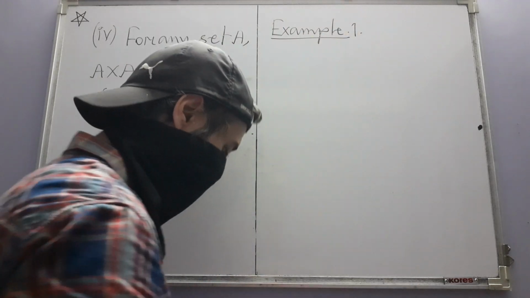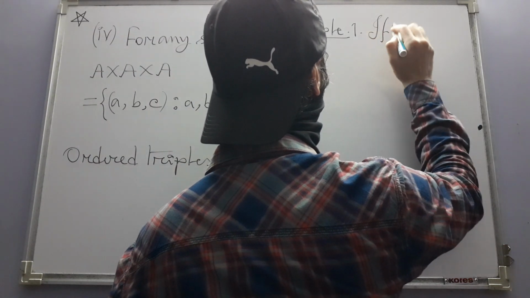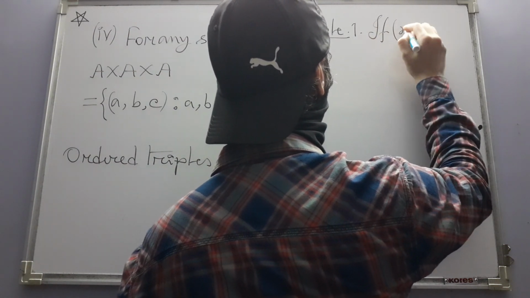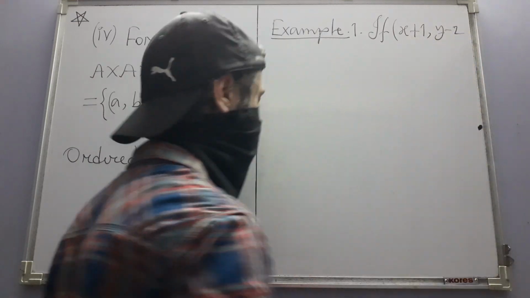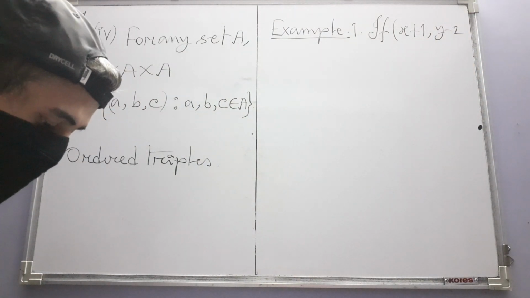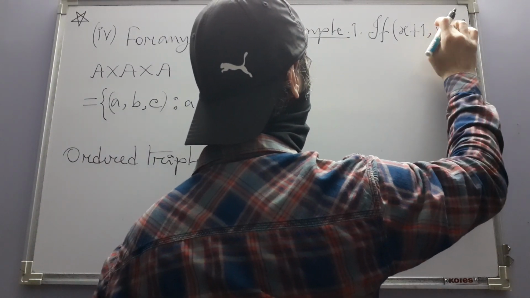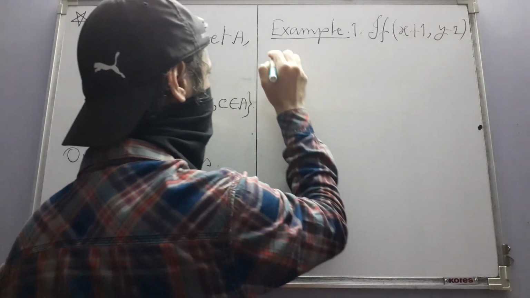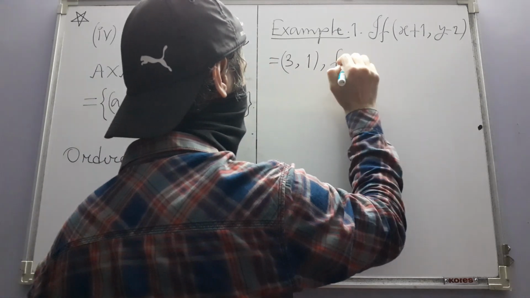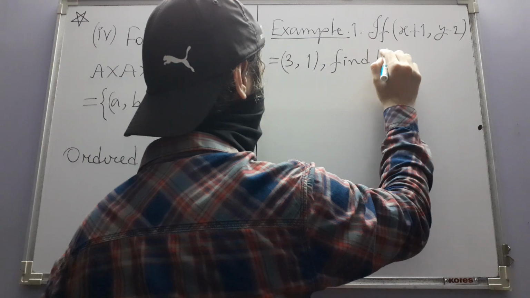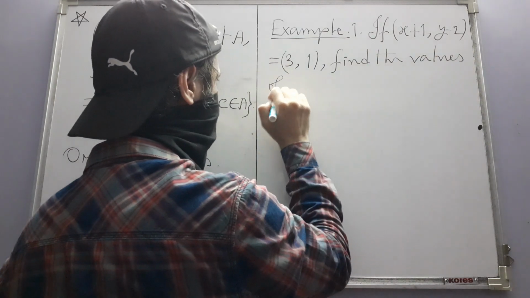Example 1, I think. If the ordered pair (x plus 1, y minus 2) is equal to (3, 1), find the values of x and y.